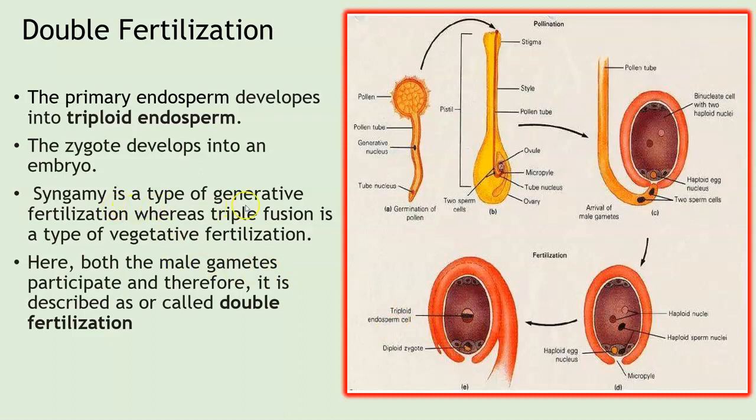Now, syngamy is a type of generative fertilization, whereas triple fusion is a type of vegetative fertilization. Now here, both the male gametes participate, and therefore it is called double fertilization. So there is no wastage of the male gametes. Both are utilized in the process of fertilization.